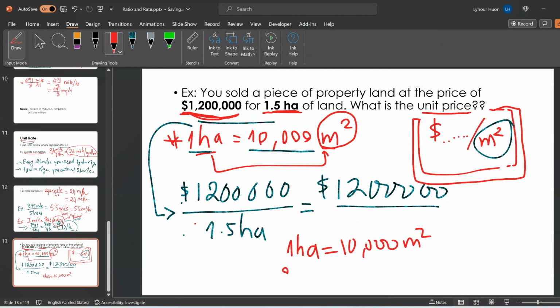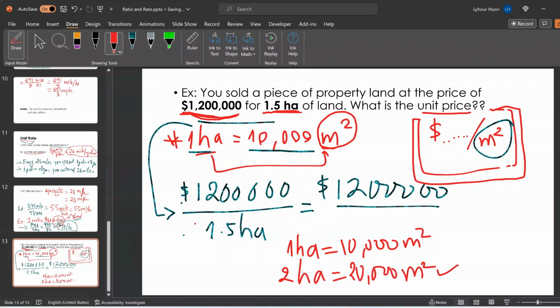How about 2 hectares? Simple convert. 2 hectares equal to 20,000 square meters. Yes, 20,000. This is correct.